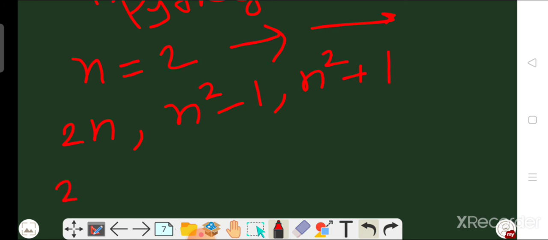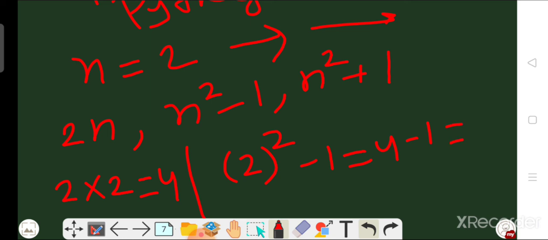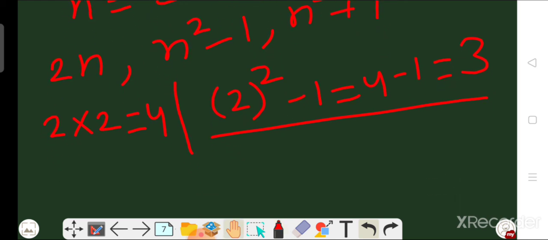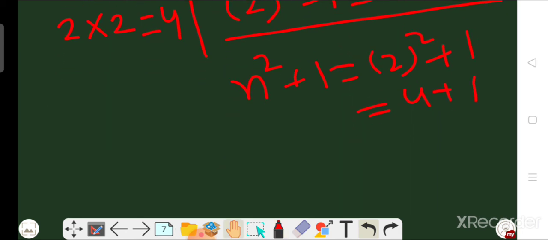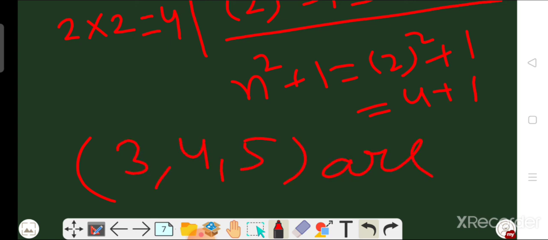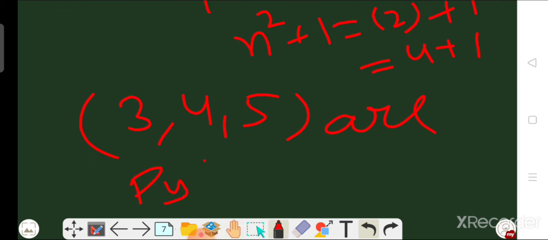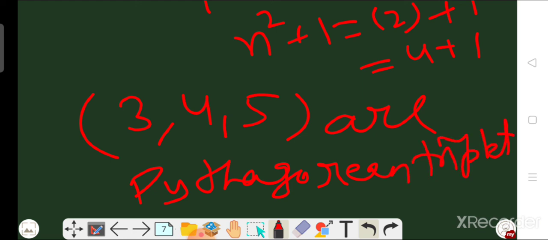So 2 into 2 is equal to 4, n square minus 1 is equal to 2 square minus 1, and that is equal to 4 minus 1, equal to 3, and again n square plus 1 is equal to 2 square plus 1, and that is equal to 4 plus 1, which is 5. So from here, beta, we can say that 3, 4 and 5 are a Pythagorean triplet.